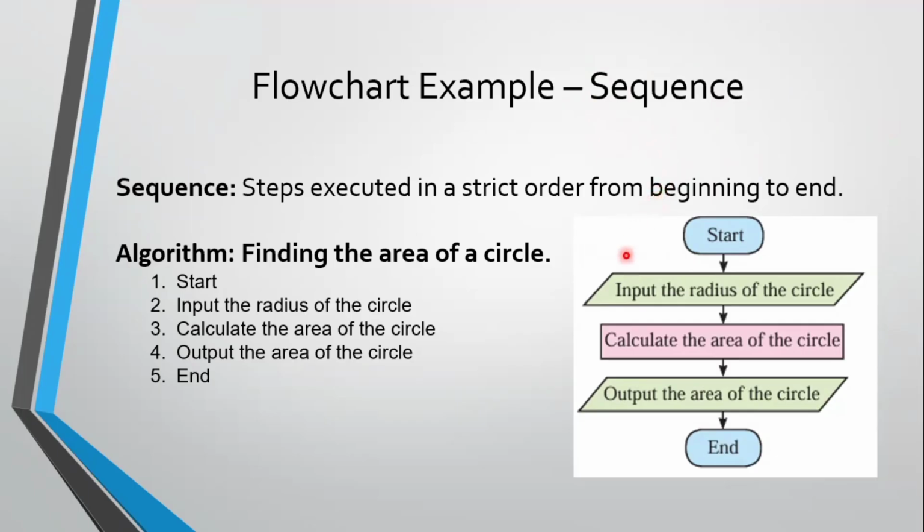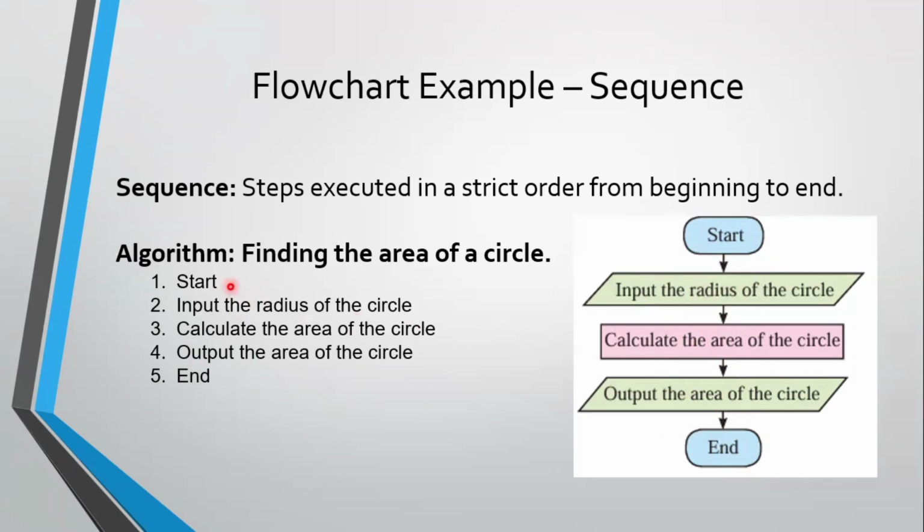Notice the shapes: ovals for start and end, parallelograms to get the radius and show the area, and a rectangle in the middle to do the math, the calculation part. The arrows show a straight line downwards, meaning the computer just follows the steps one by one without skipping anything. Here we can't skip any step, right?